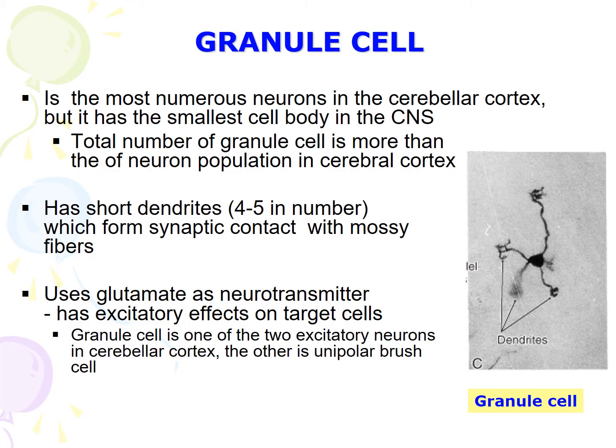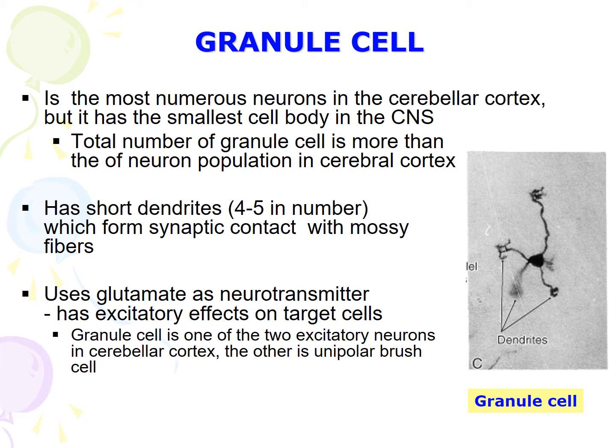Granular cells. The granular cell is the most numerous neuron in the cerebellar cortex, but it has the smallest cell body in the entire central nervous system. In fact, the total number of granular cells is more than the neuron population in the entire cerebral cortex.